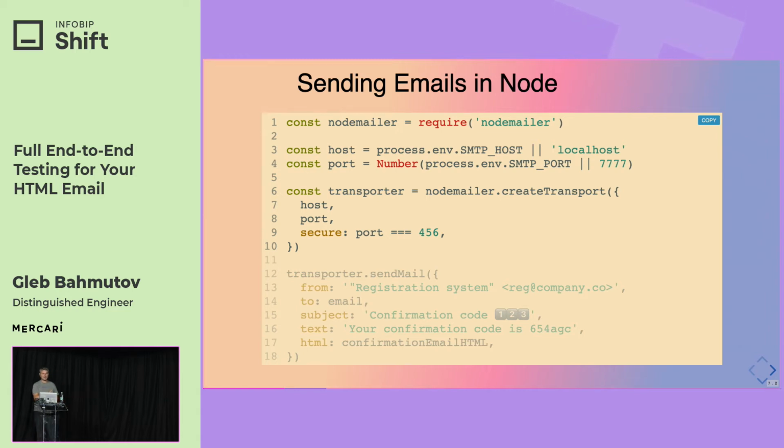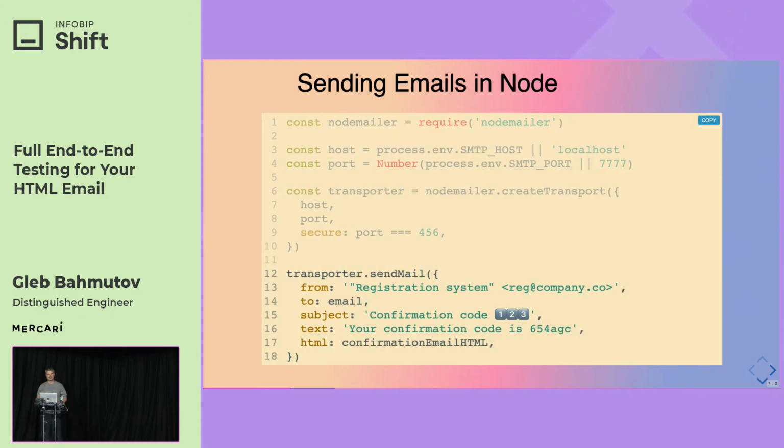Sending emails, if you do it yourself in your backend API using Node.js, is extremely simple. Just grab Nodemailer, configure the host and the port, maybe sometimes authentication, and just say, hey, send mail.